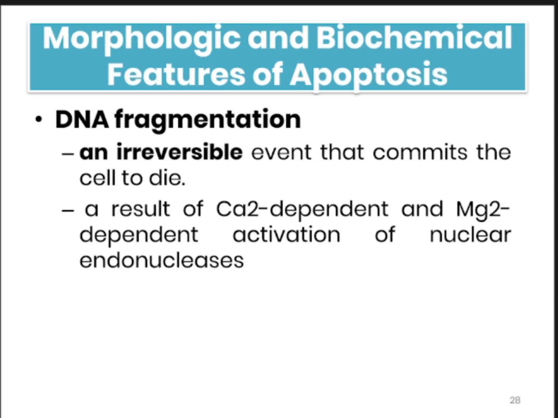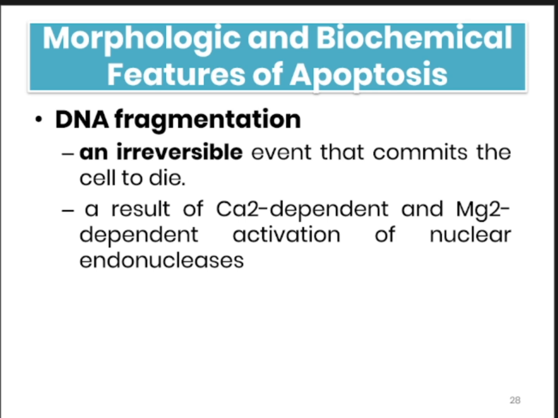We also have DNA fragmentation, which is considered an irreversible process that signals the commitment of the cell to undergo apoptosis. The DNA fragmentation is actually caused by the activation of your endonucleases, which are enzymes responsible for cleaving DNA. So it's a result of calcium-dependent and magnesium-dependent activation of nuclear endonucleases.